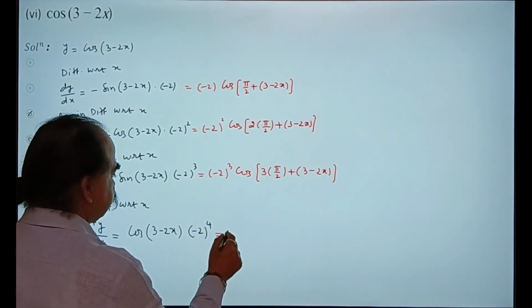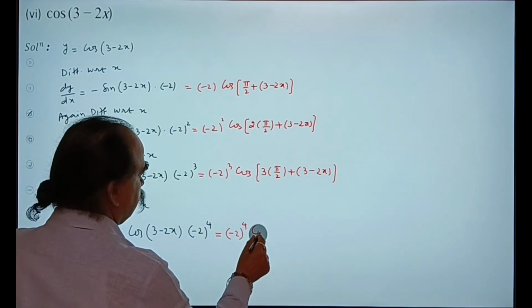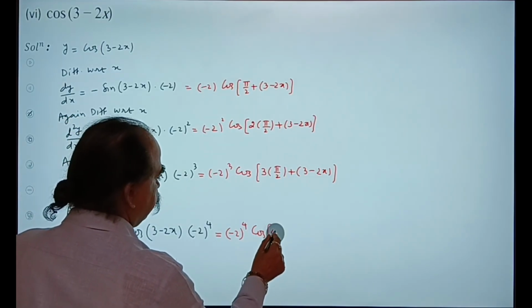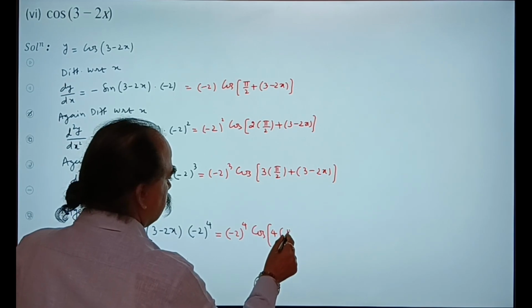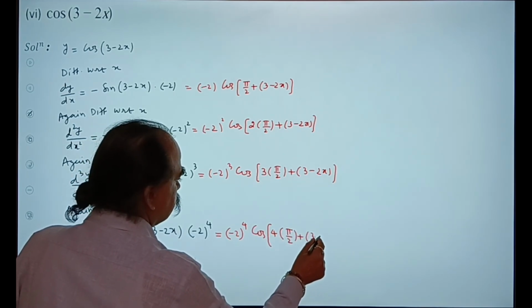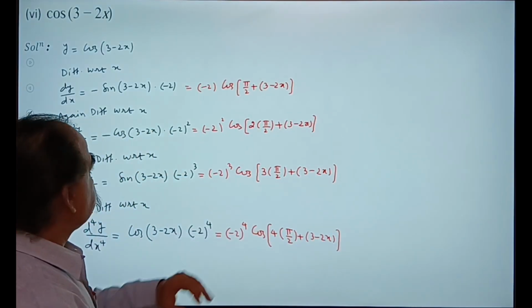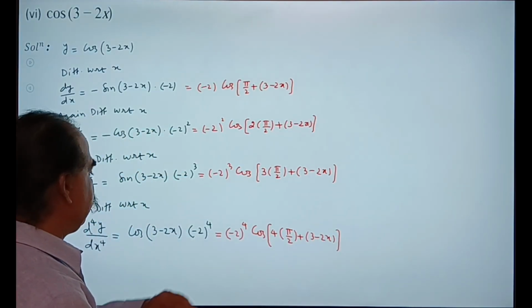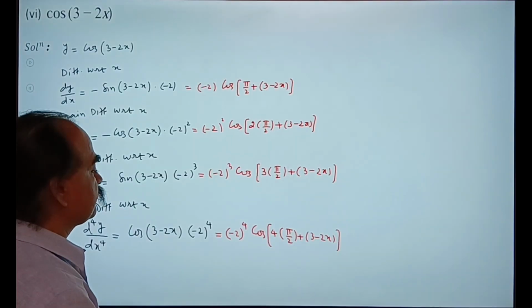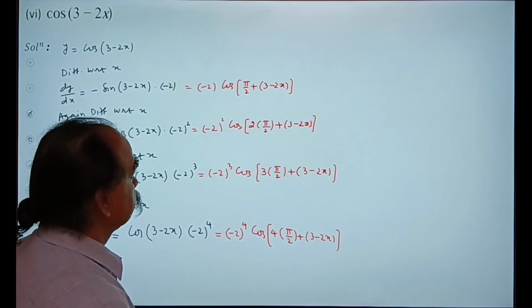This is what? Minus 2 raised to 4 cos of 4 into pi by 2 plus 3 minus 2x. 4 times means even multiple. Even multiple means cos will remain same as cos. Angle is going in first quadrant where cos is what? Positive.